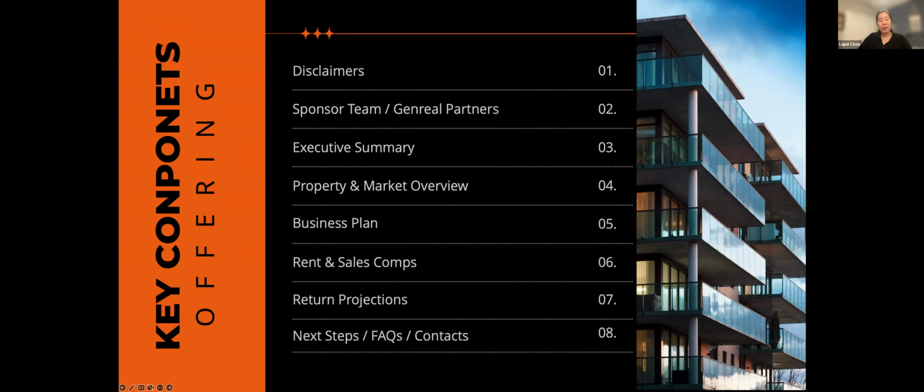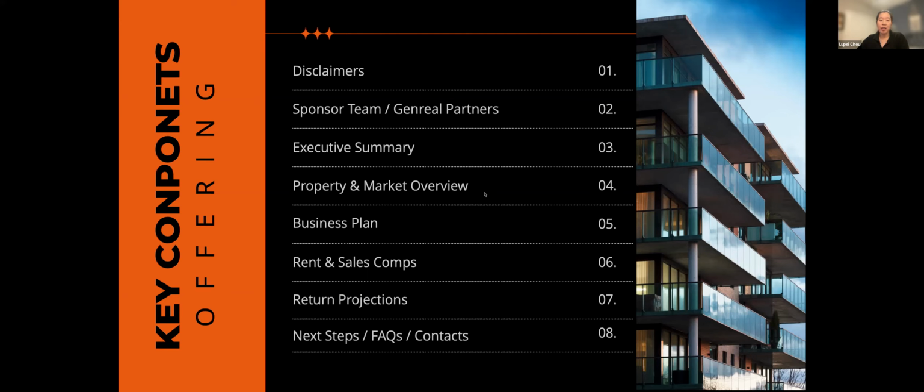Then an executive summary of the investment, a high-level overview of why this is an attractive project, and then more detail, property and market overview.